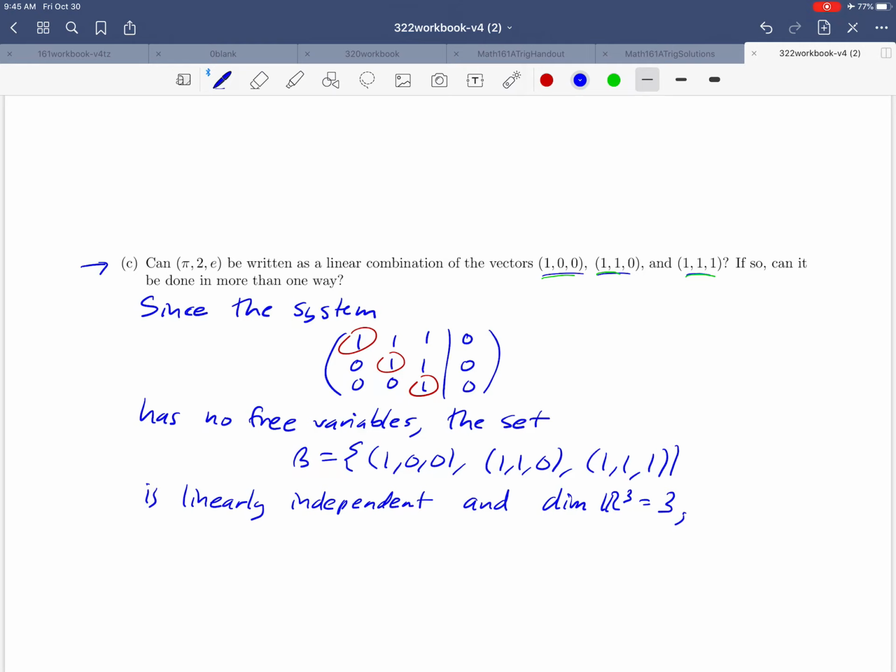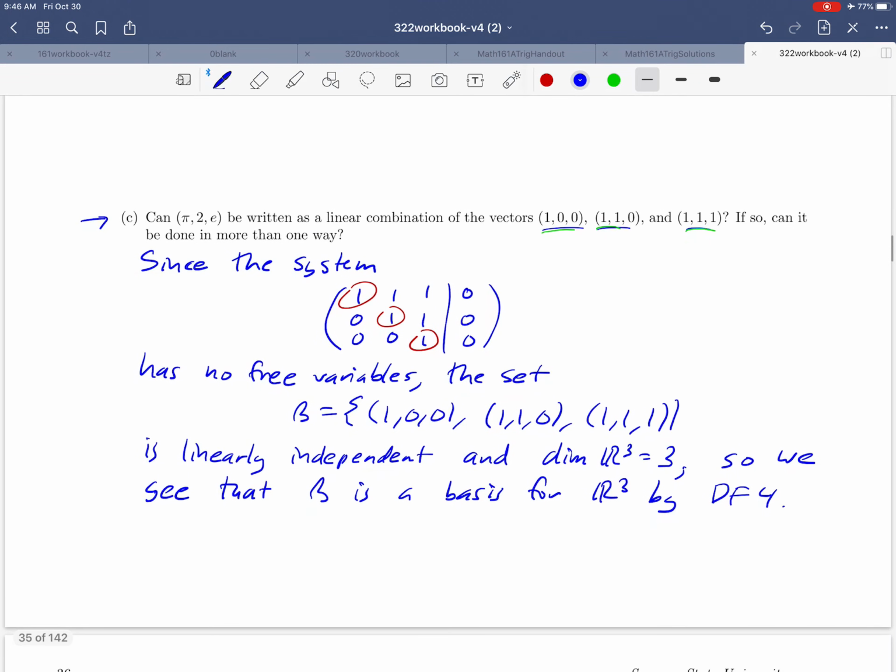DF4 tells us that the set beta is a basis. Continuing this statement, beta is a basis for R3 by DF4.